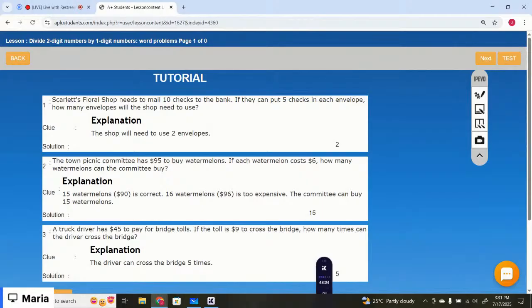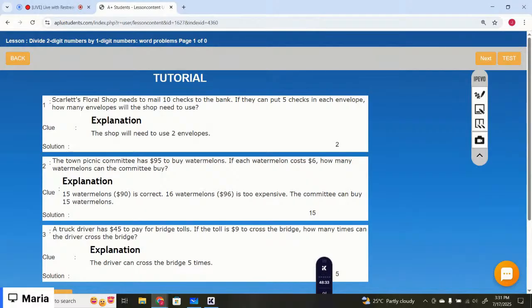Scarlett's floral shop needs to mail 10 checks to the bank. If they can put 5 checks in each envelope, how many envelopes will the shop need to use? So that is 10 checks to bank. So 10 divided by 5 is 2.